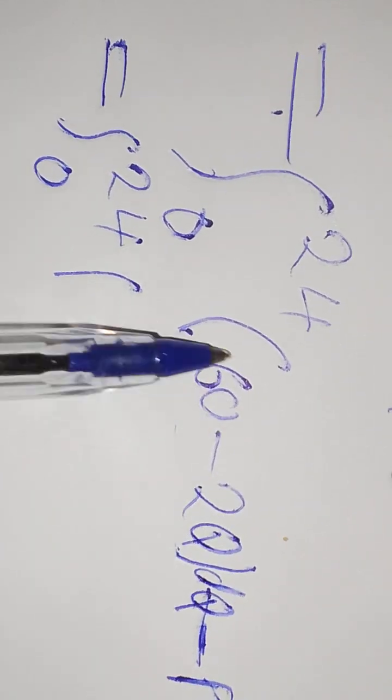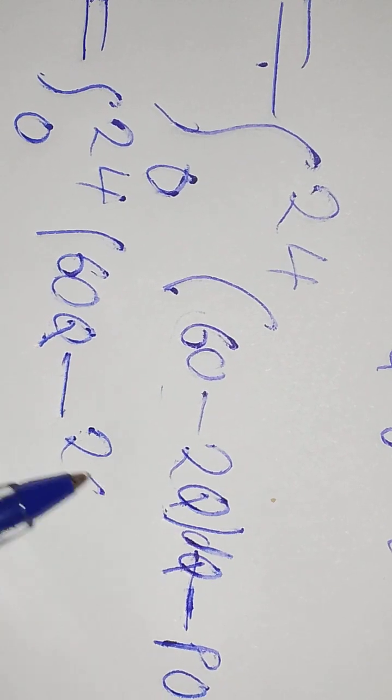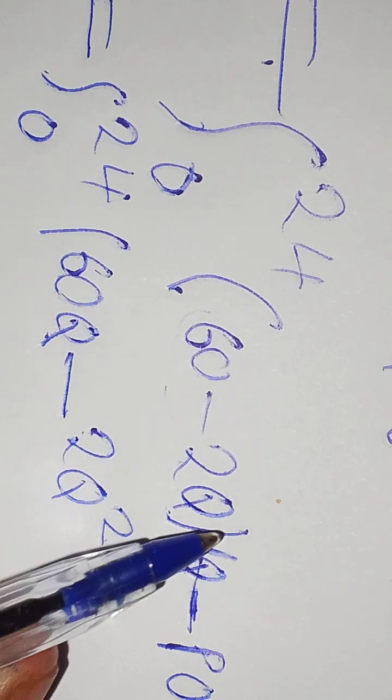Integrating what is inside, we have 60q minus, you know how to integrate from the previous lessons, so when you have 2q it will be 2q squared over 2, since there is a 1 over this same 2, so 2 divided by 2 gives q squared. Minus P0 Q0.